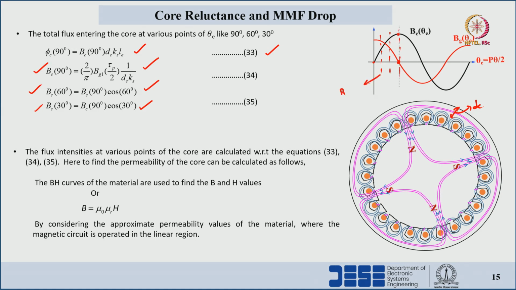This is Bc, the flux density at 30 degrees, the flux density at 60 degrees, and this value is the flux density at 90 degrees. All these 3 instants we have calculated.